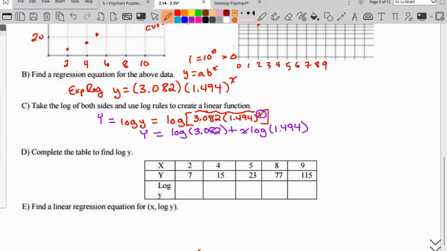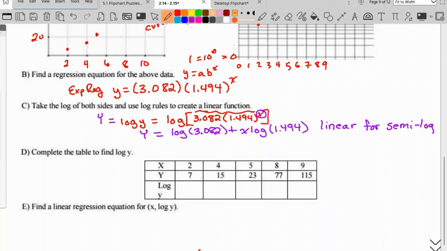Do you guys see that that's a linear function? We have a constant, and then we have our x, our variable, times our coefficient. So this would be the linear for the semi-log plot. If you wanted to plot it on the semi-log plot, this would be the equation you would use to graph it. And that's what our capital Y is when we took the log of the regular Y.